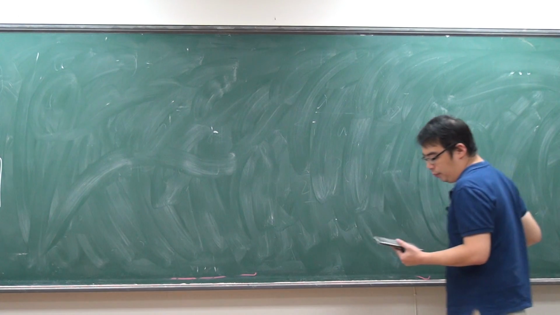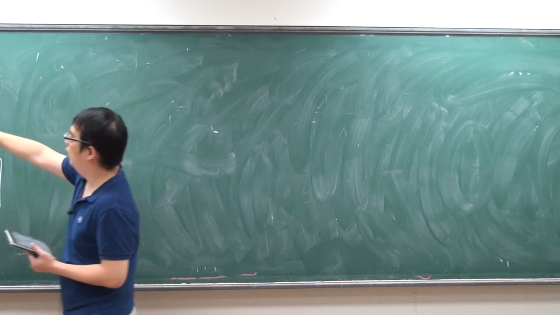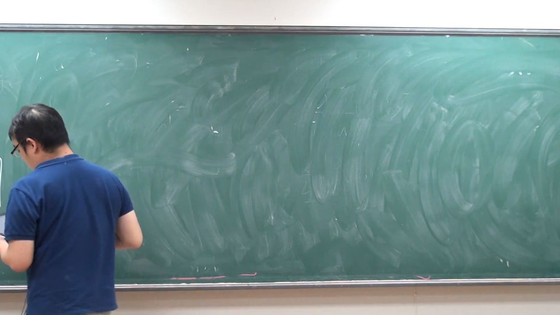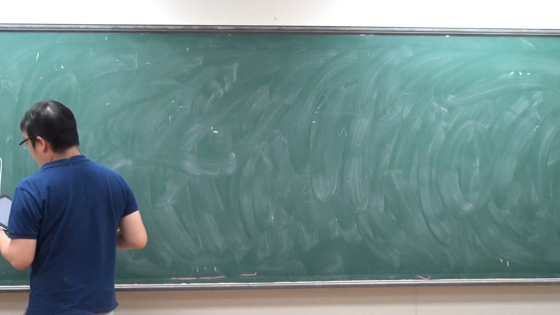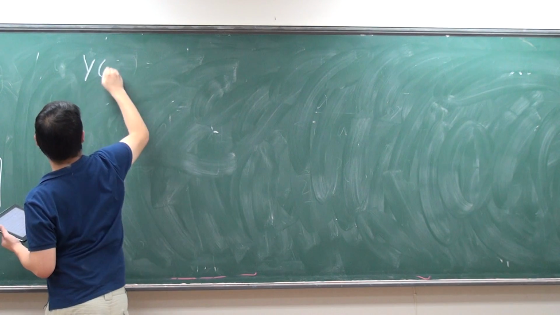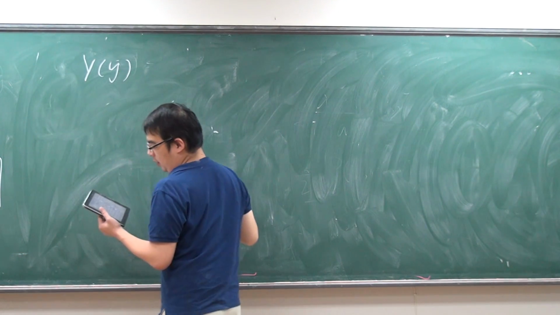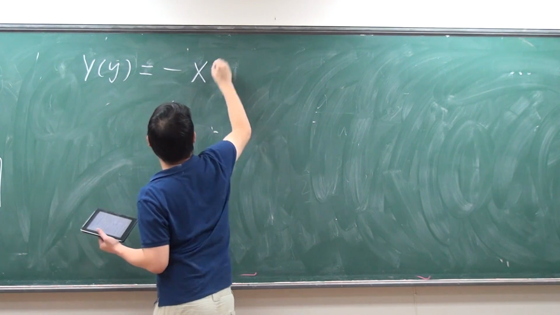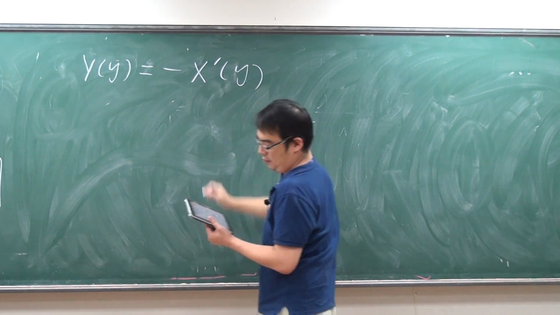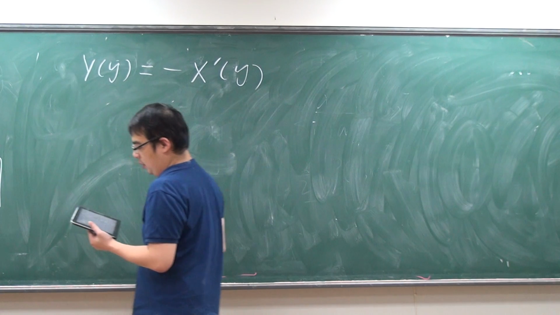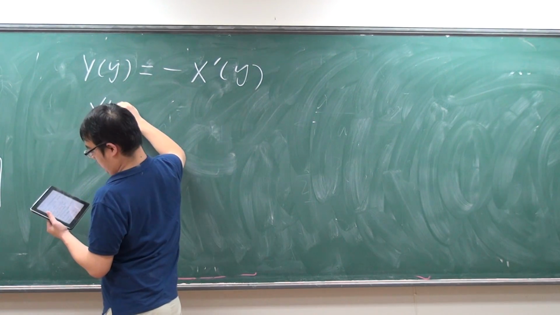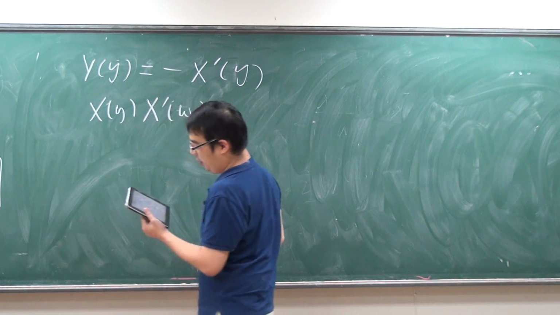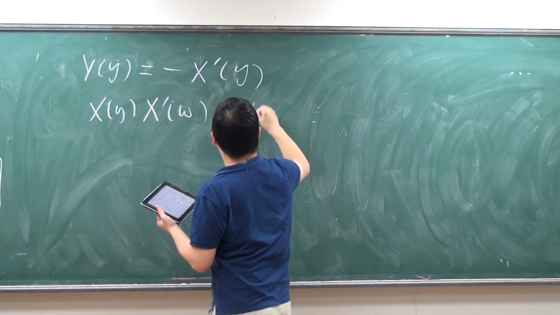So once you plug those things into the Lax equation, you can solve for, you show that V_y equal to minus x prime y, and x y x prime omega minus.